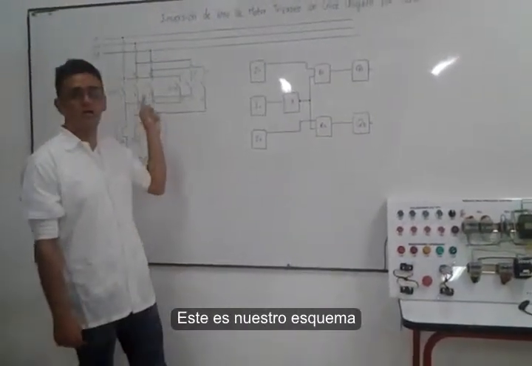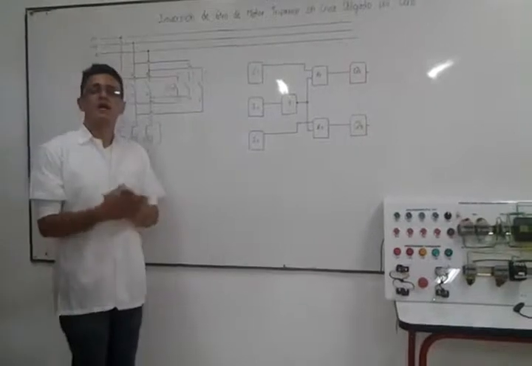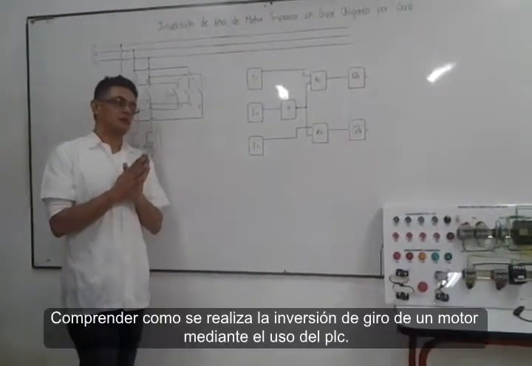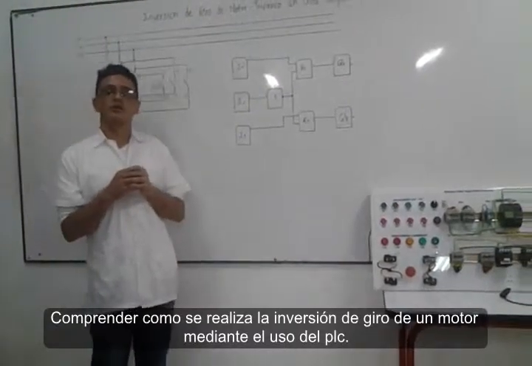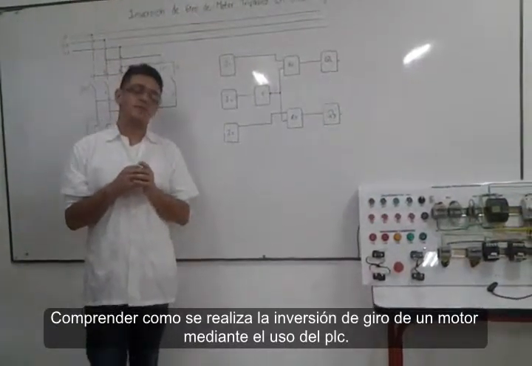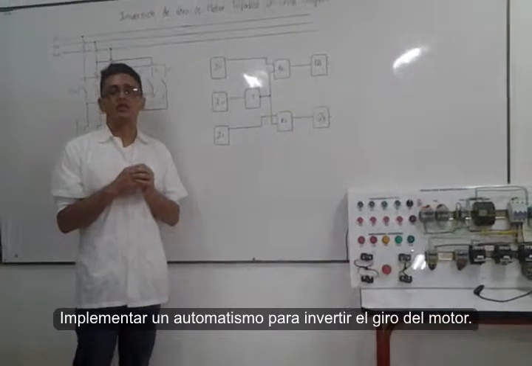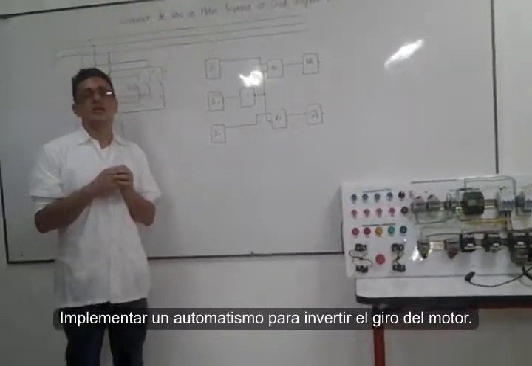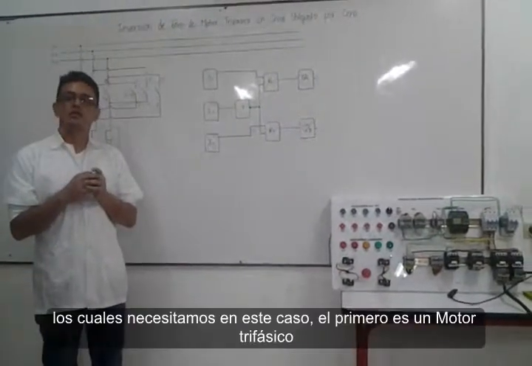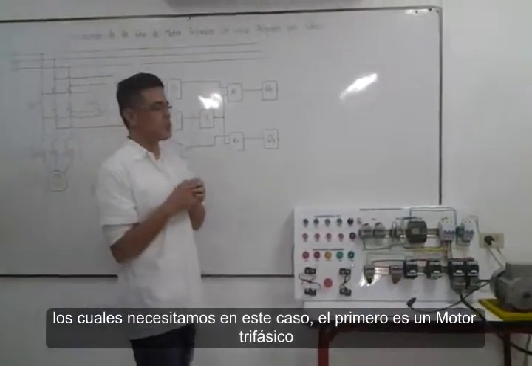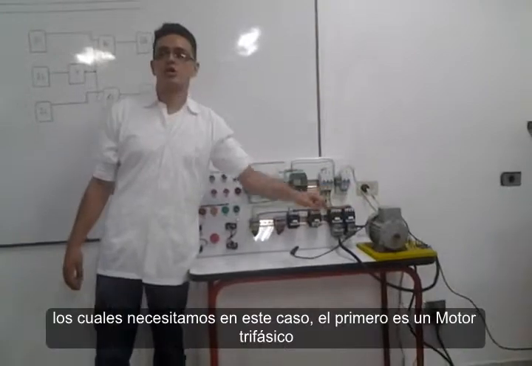This is our scheme that we have here. The objectives: first, to understand the reverse rotation of a motor by using the PLC, and second, to implement an automatic system to reverse the motor rotations. Materials that we need in this case: the first one is a three-phase motor.